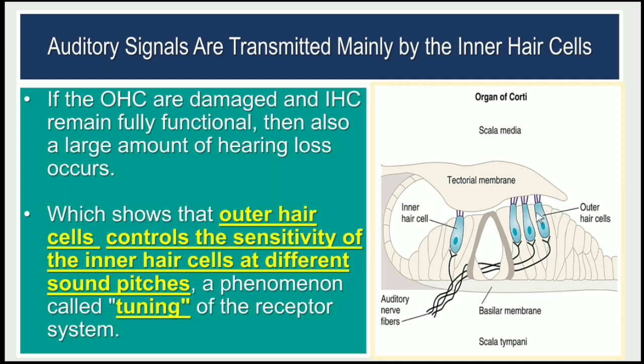They cause rigidness of the tectorial membrane, depending upon the frequencies, and depending upon that rigidness there is a change in the tuning. So that tuning part, or change for the different sound pitches, is done by outer hair cells. So they increase or decrease the sensitivity of inner hair cells.